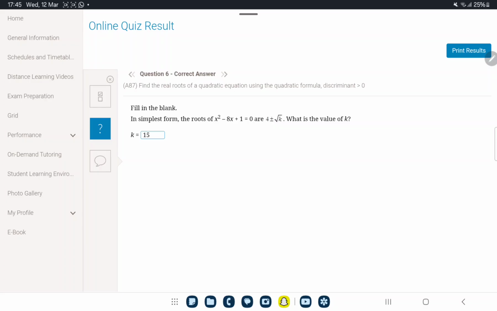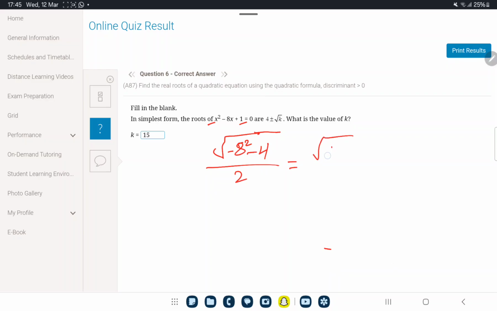In simplest form, the roots of x squared minus 8x plus 1 equals 0 is 4 plus minus radical k. What is the value of k? Again, discriminant over 2a, discriminant is minus 8 squared minus 4ac, c is 1, a is 1, so minus 4, over 2a, a is 1, so over 2.